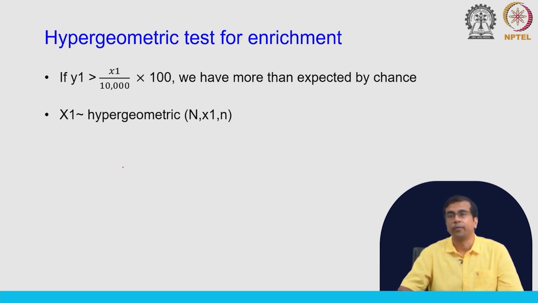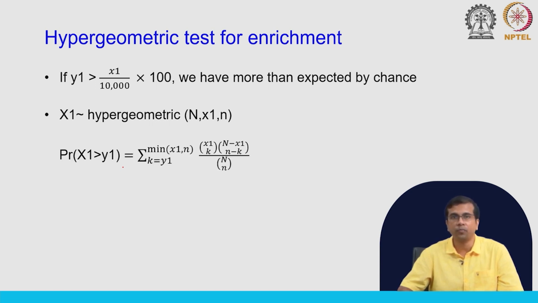If you are doing this genome-wide comparison, you will have all the genes of the organism in this list, so you simply count that number. X1 is the number of genes that belong to function class 1 in the global list, and small n is the number of genes in the sample. The number of genes is 100, for example, in our scenario, so this small n would be 100.